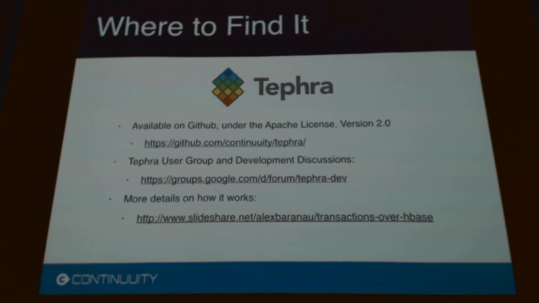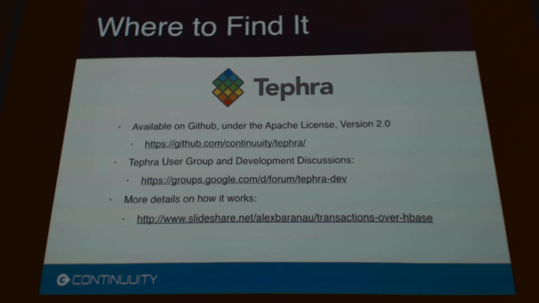So with that, please go to our GitHub page and check it out. Download it. We have documentation on how to get started with it, what the client APIs look like. I'm not going to go into a lot of detail about that here, but now that this is open source, it should make it a little bit easier for us to illustrate some of the design choices we've made and the APIs we use, and contribute to the discussion around building a common transaction API for HBase.